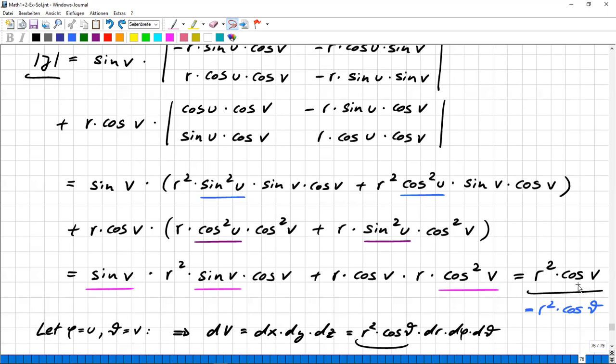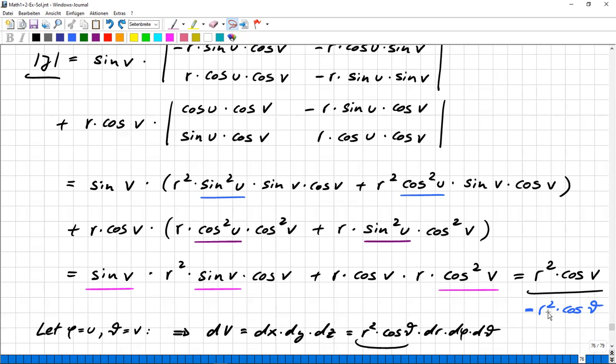And that's a nice result. Replacing back again u with phi and v with theta, we get r squared times cosine of theta. And Evgenia and everybody, now you see, if I'm doing everything correctly in this version of spherical coordinates, I get correctly this Jacobian factor, which tells me how to transform a volume element from spherical to Cartesian coordinates.